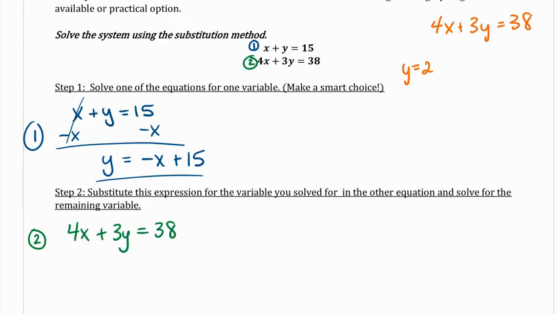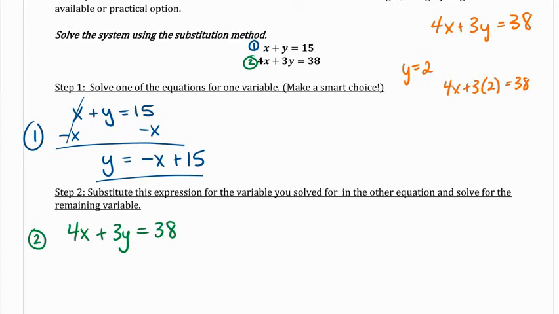So I would rewrite that: 4x plus 3 times 2 equals 38. And then I could go through and solve for x, right? We're going to do this exact same step, except instead of just plugging in a number, I'm going to plug in a whole expression, okay?